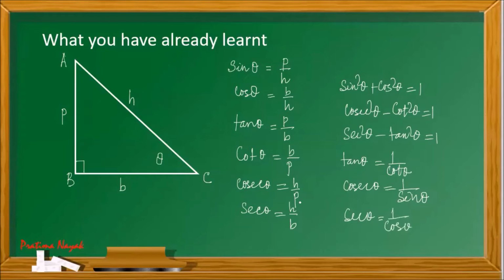And the most important thing, you know the relation p square plus b square is equal to h square, applying the Pythagorean theorem. So if P and B are given, you can get H. If H and B are given, you can get P. If H and P are given, you can get B. So if one trigonometric ratio is given, you can find the others.